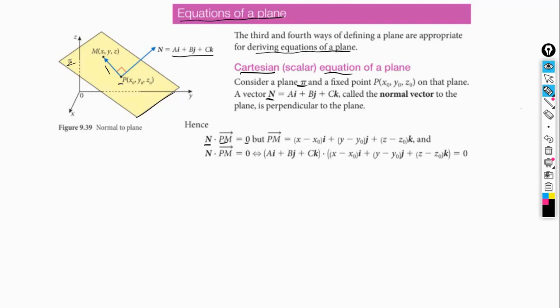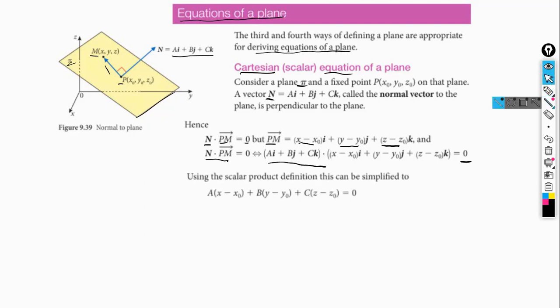But we know that PM is going to be, from M, x minus x sub 0 i plus y minus y sub 0 j plus z minus z sub 0 k. And since n times PM is equal to 0, then we can do their dot product and we should get 0.